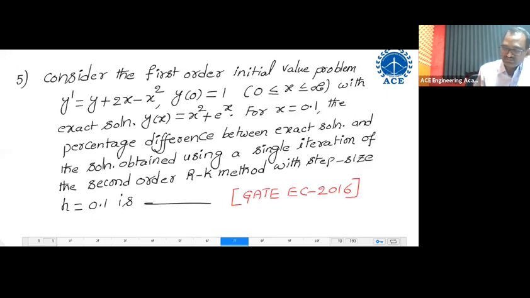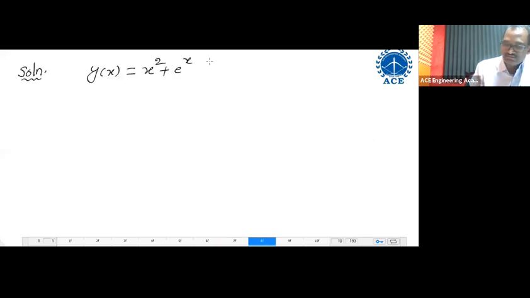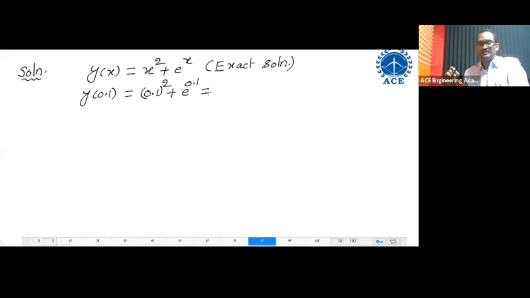But we need the exact solution at x is equal to 0.1. This is the exact solution. We need its value at x is equal to 0.1. Tell me its value. Small e value is 2.718.